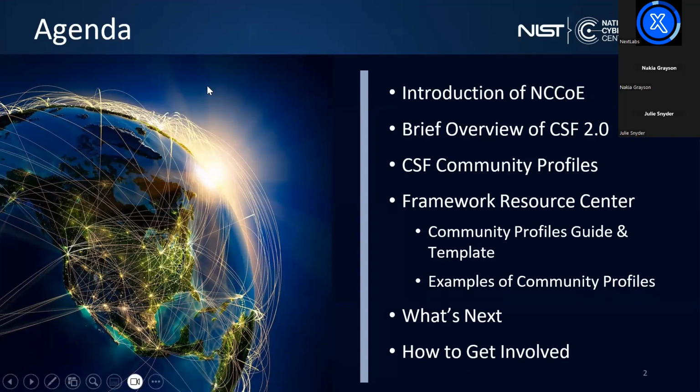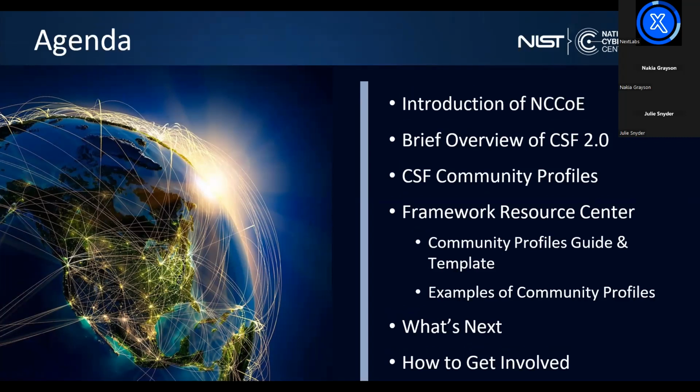Then we'll drill down and talk more about our community profiles, and then share about our framework resource center, which includes our community profiles guide and template. We will also talk about examples of the current community profiles that we have on our website, and then also talk about next steps, as well as how to get involved.